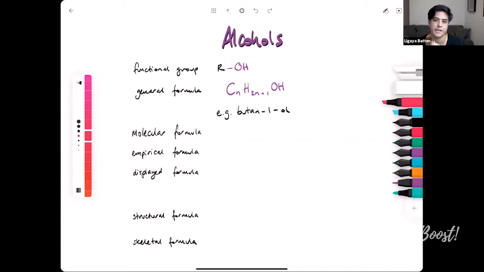So R represents a carbon chain. The general formula will be CnH2n+1OH, showing that for every carbon, we have 2n+1 hydrogens and then the O and the H.